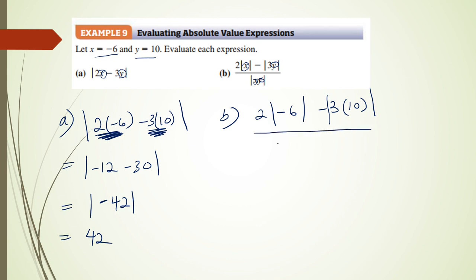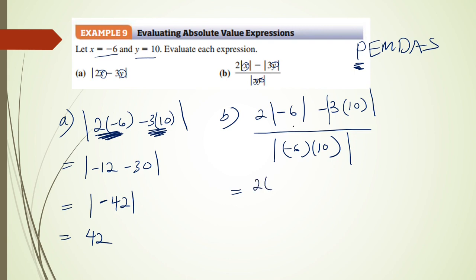And we're going to divide that by negative 6 times 10. I'll take all of the absolute values first. So let's look at our order of operations. We'll look at our parentheses, and in this case we do have parentheses. Remember, absolute values also count as parentheses.